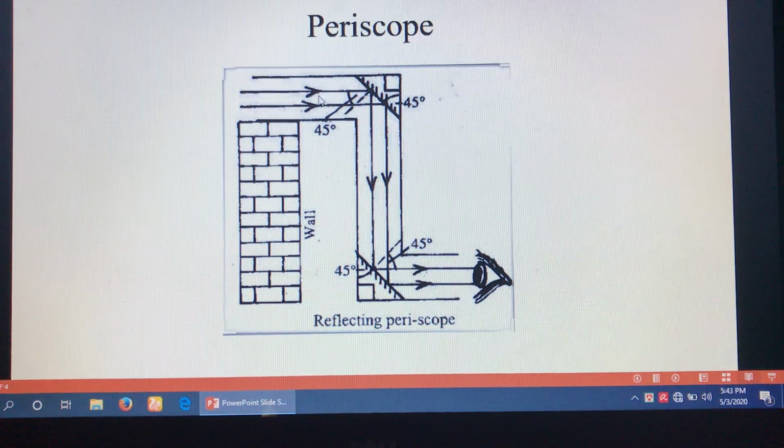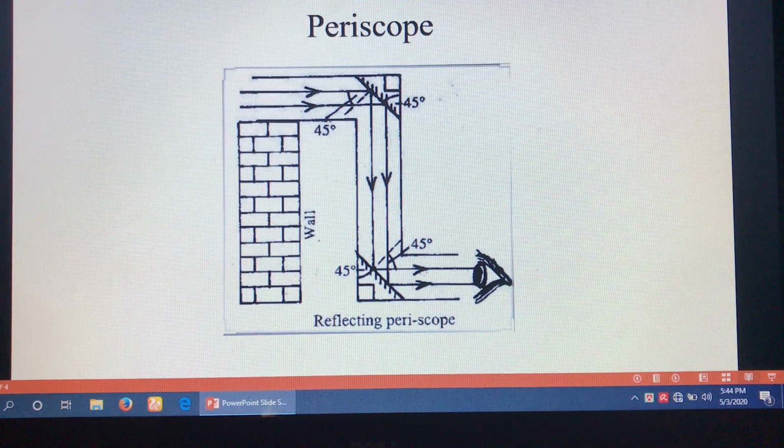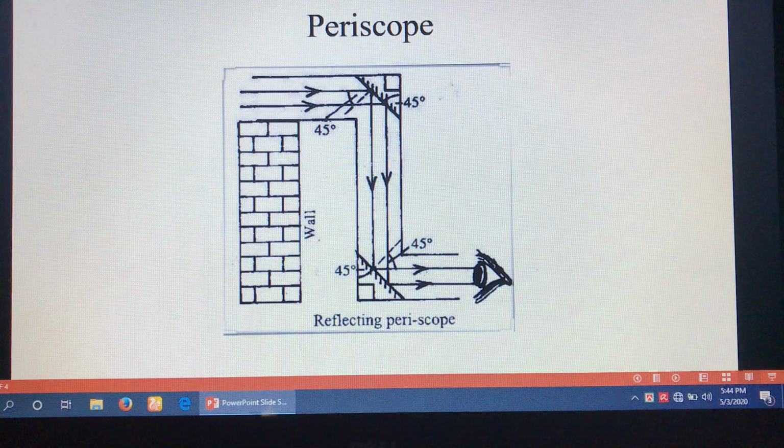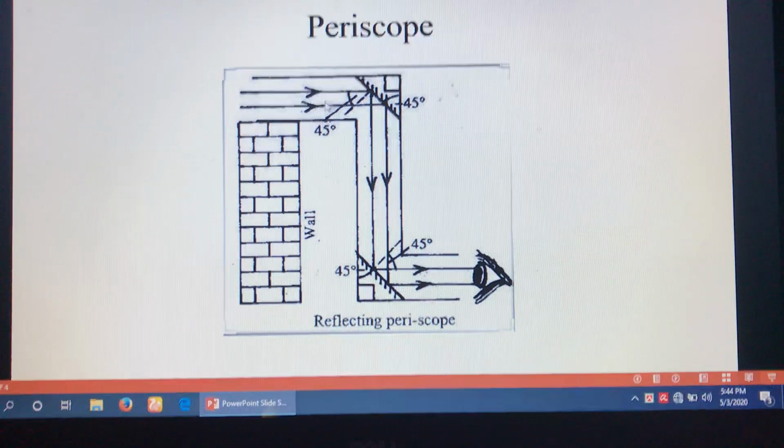The angle between the incident ray and the mirror is 45 degrees. So what is the angle between the mirror and the incident ray? It is 45 degrees. This is our incident ray.